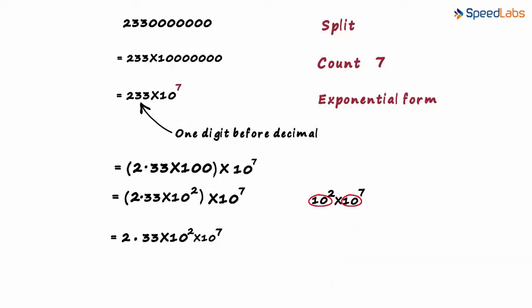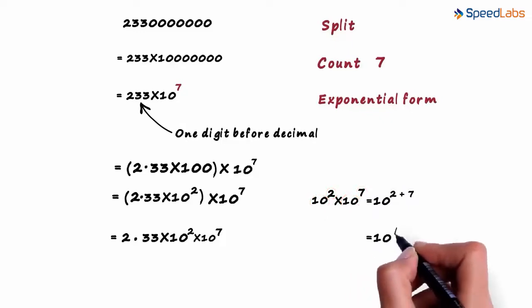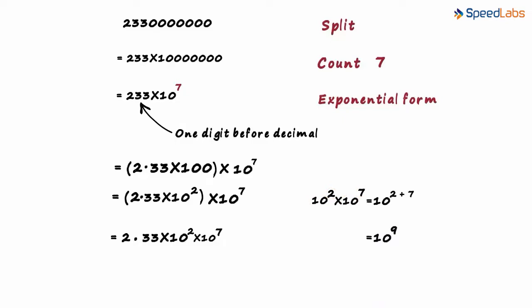The base of both the numbers is the same. It's 10. Hence, we can use the product law and write it as 10 raised to 2 plus 7. We add the exponents over the base. That equals 10 raised to 9. Hence, this big number can be written as 2.33 multiplied by 10 raised to 9.